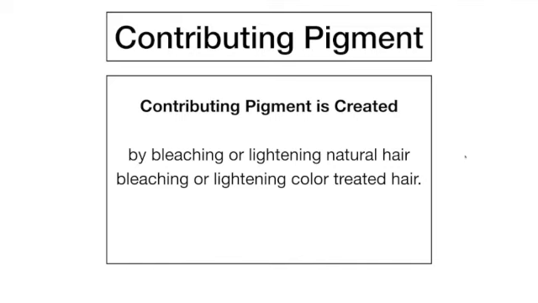So texture, and eye color. The darker the eye color, the more difficult and the redder the lightened hair will look when you lighten the hair, because of the very dark brown eyes.